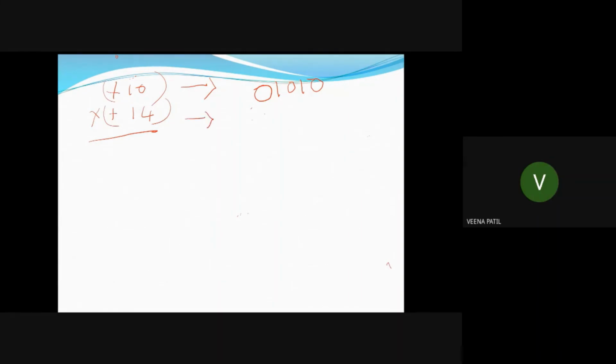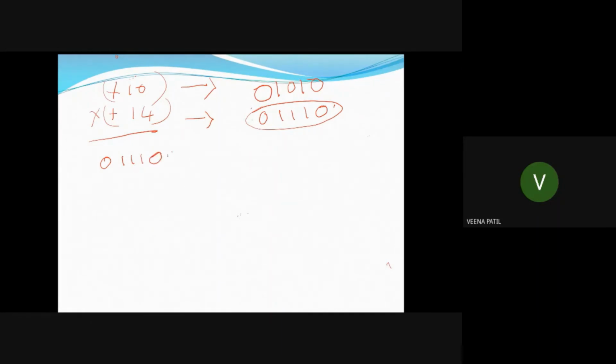And how about plus 14? 01110 stands for plus 14. Now what do I need to recode? I need to recode this, right? So 01110 I have to recode.